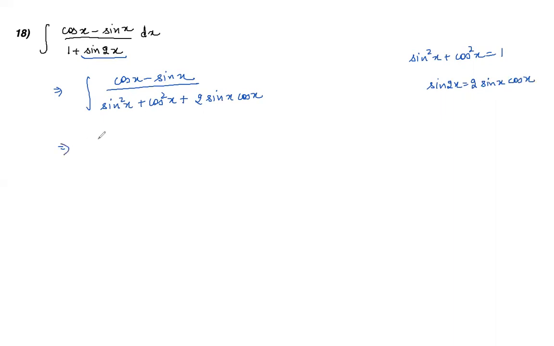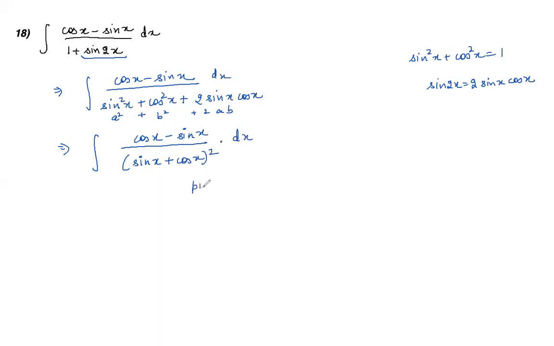Now, if you see here, we have formed another identity. That is, if this is a, then this is a square plus b square plus 2ab, that is a plus b whole square. So I can write this as sin x plus cos x whole square into dx.